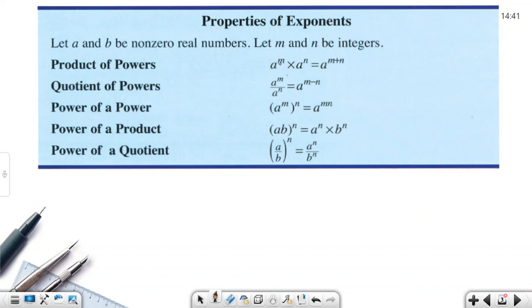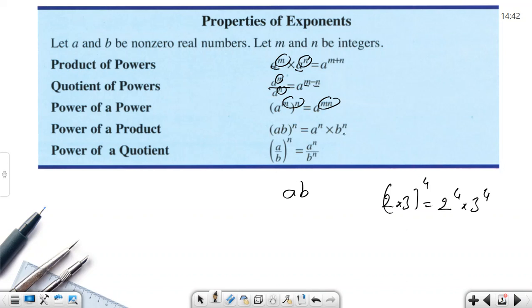When we multiply exponential numbers, if we have the same base a and a, we can add the powers. If we divide exponential numbers with the same base, we subtract the powers, m minus n. Power of a power, we multiply them. There is another one, a times b: such as 2 times 3 to the power of 4 is exactly equal to 2 to the power of 4 multiplied by 3 to the power of 4.